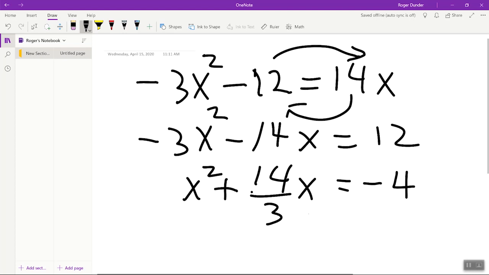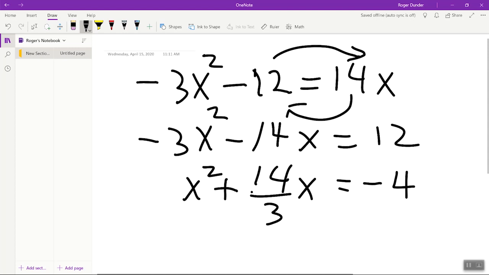Okay? 3 times 4 is 12. So I divide 12 by negative 3 and I get negative 4. So what I've done is divide both sides by negative 3. And so the sign's also reversed. This negative here becomes positive, and this subtract 14x becomes plus 14 over 3x.